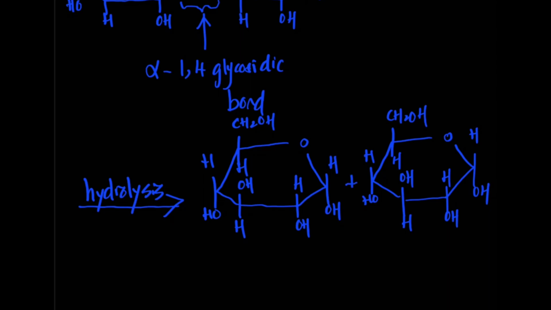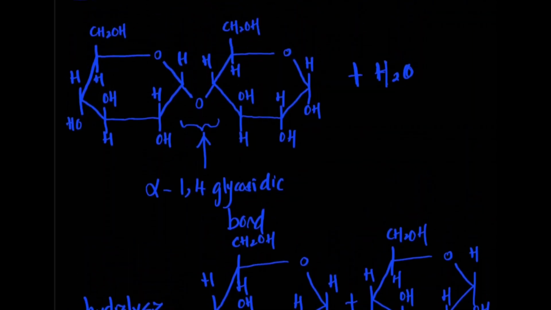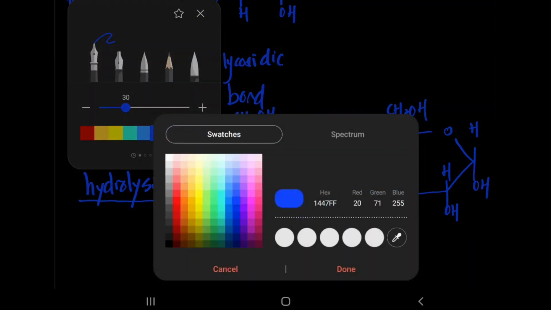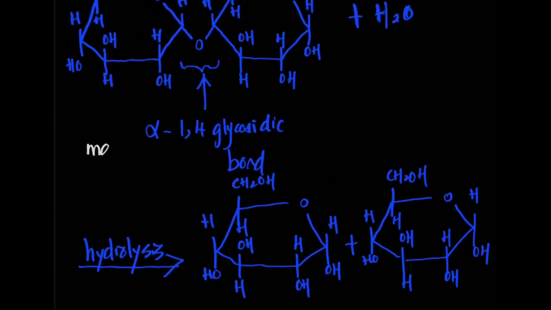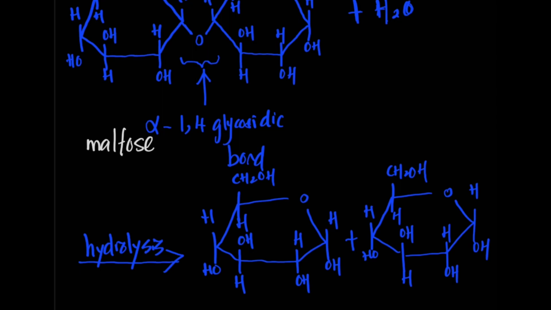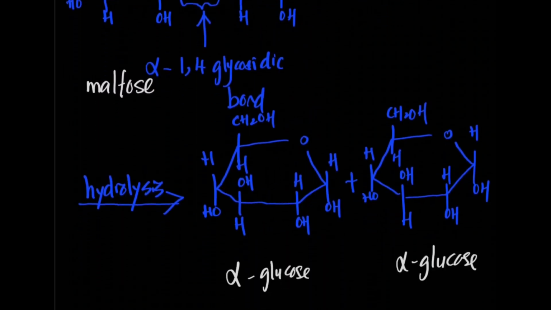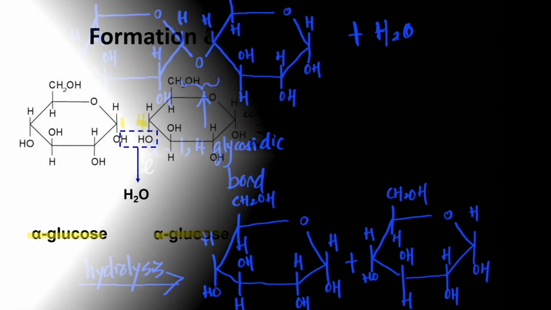So I put a plus arrow to represent the balanced equation. We never forget to name our products here, I mean the molecules. So this is maltose. This is alpha glucose. So from a maltose, we have the alpha glucoses. That's all, this is the drawing of today.